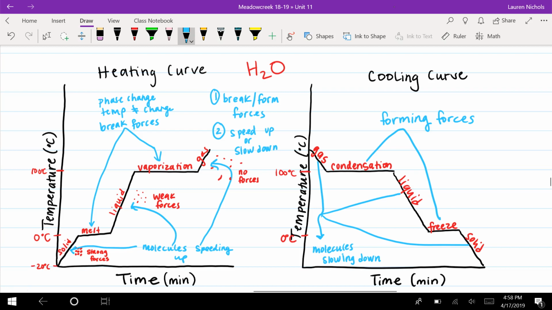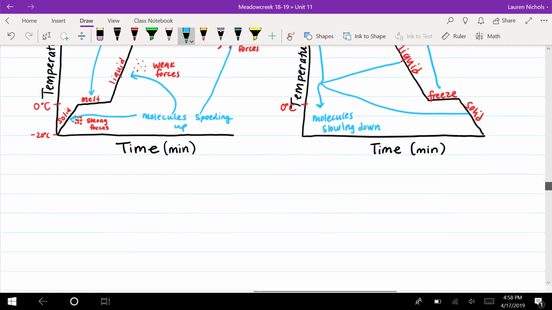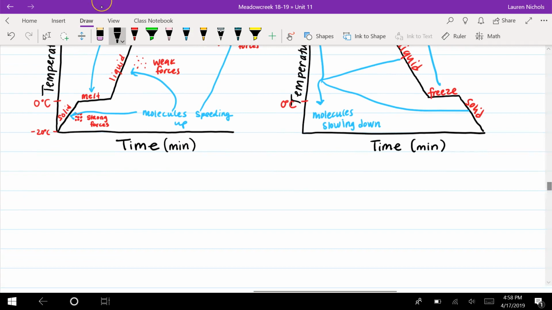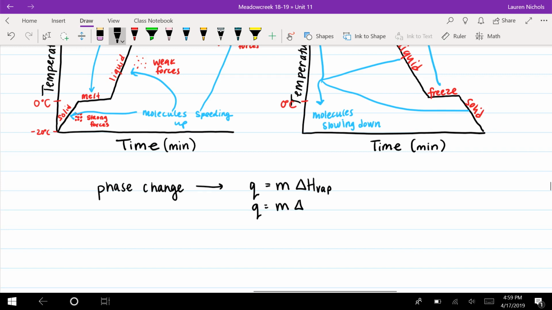And so with that being said, when you're looking at a heating curve or cooling curve, during a phase change, if you need to do a calculation, for example, if you want to measure the Q needed, so the amount of heat or energy needed to actually melt a certain amount of something, you would use Q equals m times delta H of either vaporization or Q equals m times delta H of fusion.